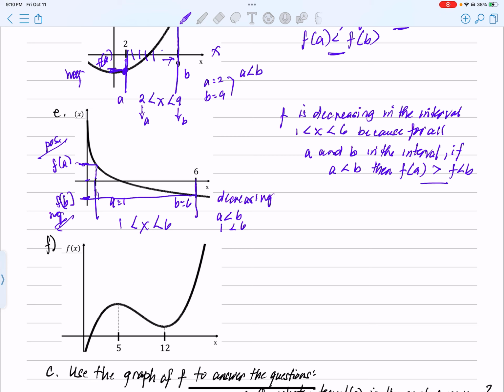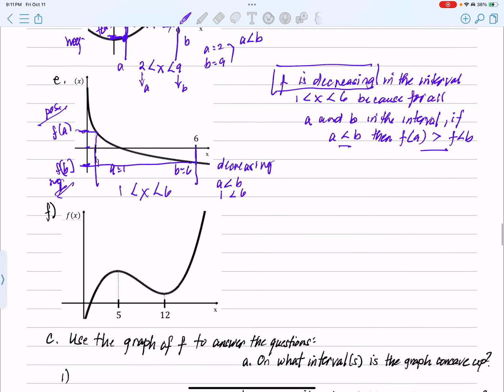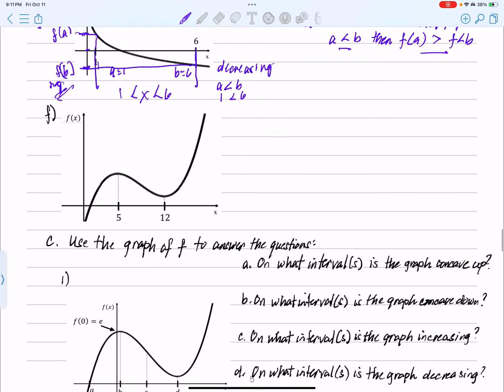So, greater, less than. That's why it's decreasing. Because if both are less than or both are greater than, then it is increasing. Okay, I hope this is clear.